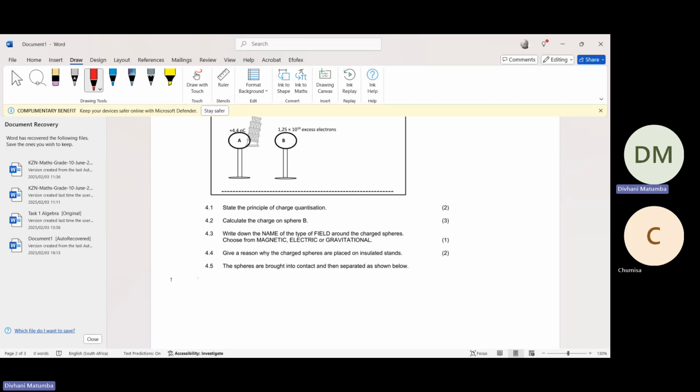What is charge quantization? All charges are multiples of the smallest charge.